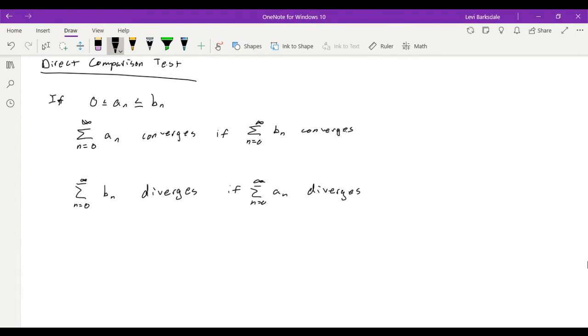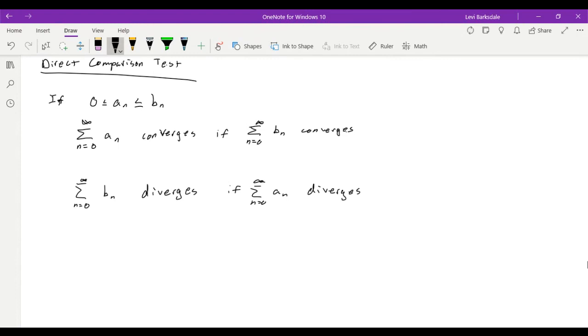And this makes sense logically because of course if you have a smaller thing that's infinite, well then your bigger thing would also have to be infinite in order to keep up.